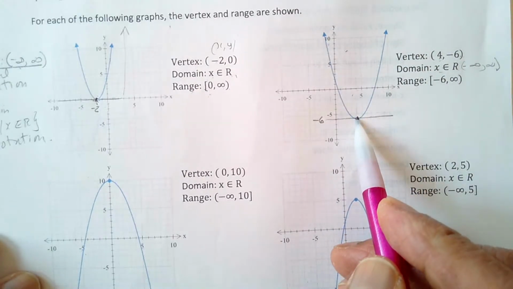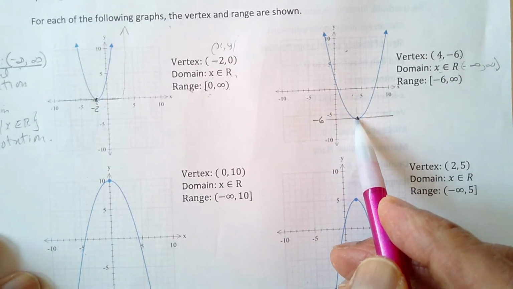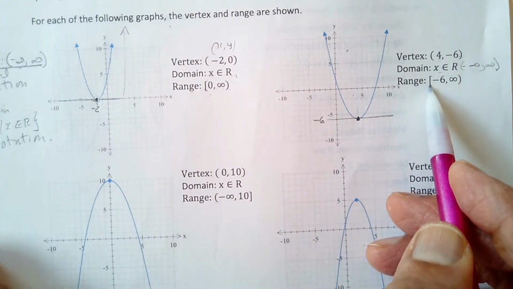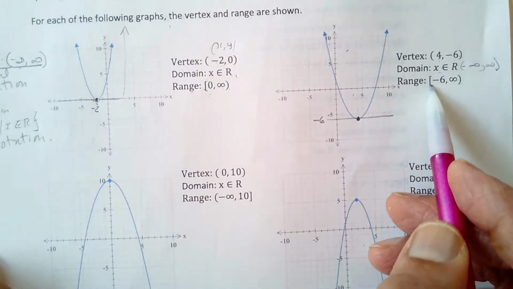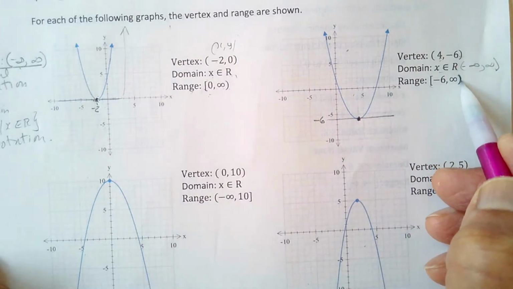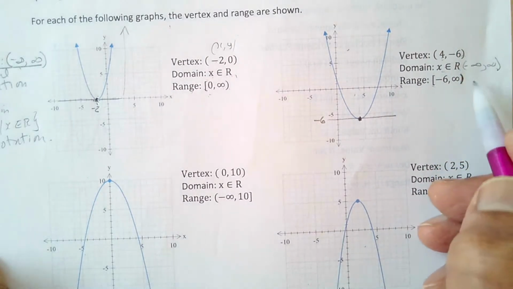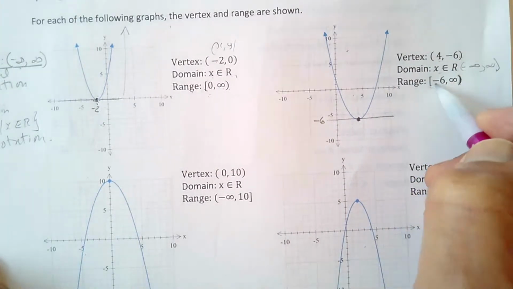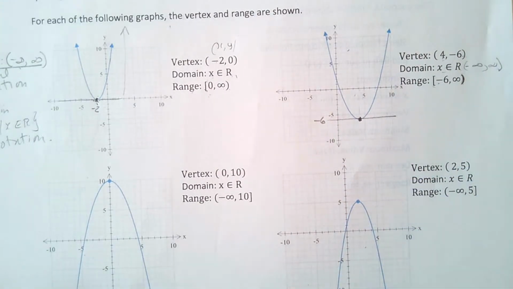This graph doesn't go below where y is negative 6. So we say the range is from negative 6 to infinity, including negative 6. Notice a curved, smooth bracket means that it does not touch; it doesn't reach infinity. The square bracket here means it touches it. So be careful with the domain and range.